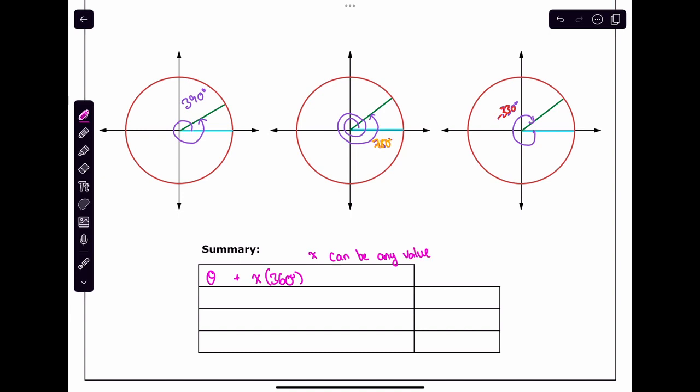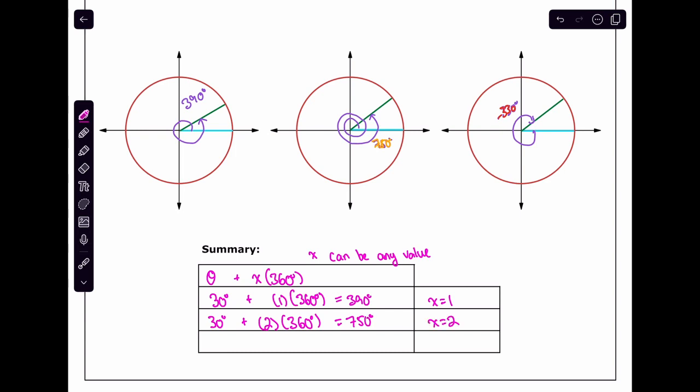So working with our example here, when we found 390 degrees, what we did here is we did 30 degrees plus 1 times 360 degrees, where x was equal to 1, and we got 390 degrees. Then we took 30 degrees, and to get 750, we did plus 2 times 360 to get 750 degrees, where x was equal to 2.